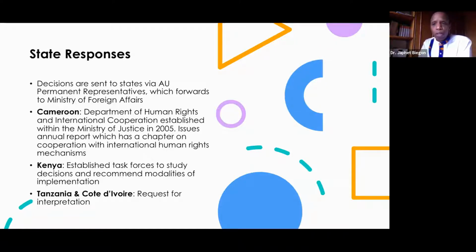And they went back to the court for interpretation of the judgment, a procedure that is provided for within the African Court Protocol. And then Cote d'Ivoire, also in the case that concerned its independent election body, went back to the court. Although in the Ivorian situation, it was really not clear whether that request for interpretation was necessary, because the decision of the court was very clear, and it seems Ivory Coast was simply delaying the process of implementation.